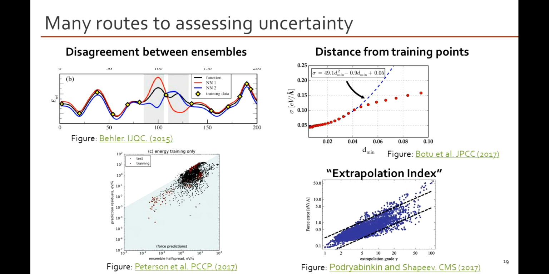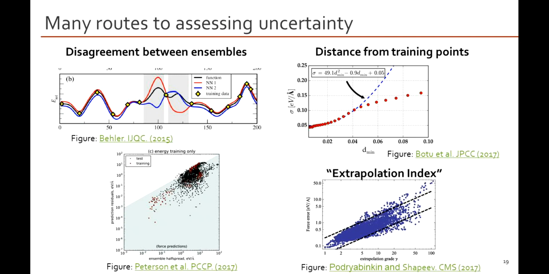Or there are techniques where you measure the distance from the nearest training point, and studies that show how that is correlated with the error, or tools that are more sophisticated like the extrapolation index, which tells you that if you were to acquire data at this point, by how much would you expect it to influence your model? And that's a technique that works well with linear regression or polynomial regression based techniques, and you can read more about it in this 2017 paper.